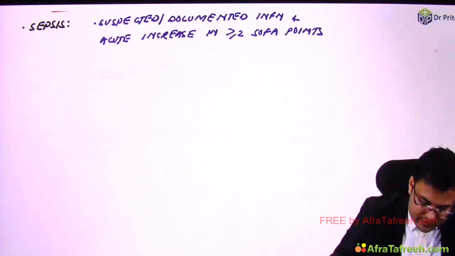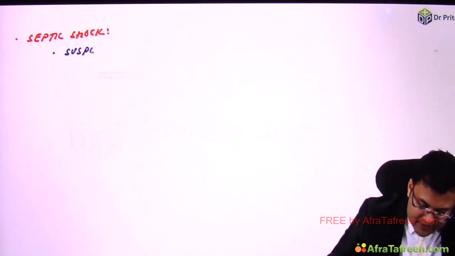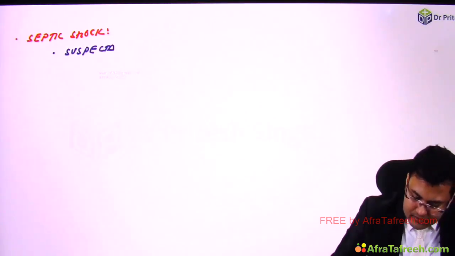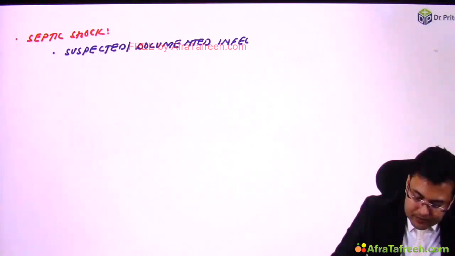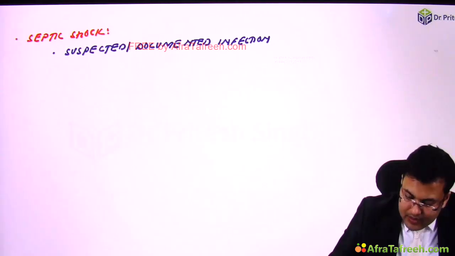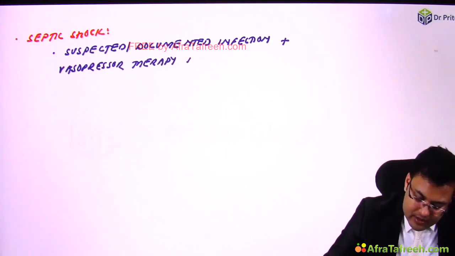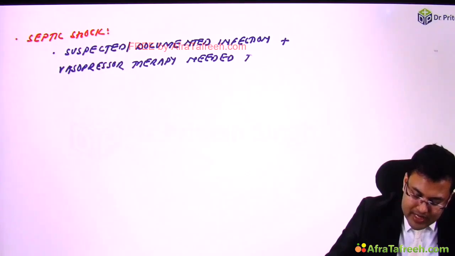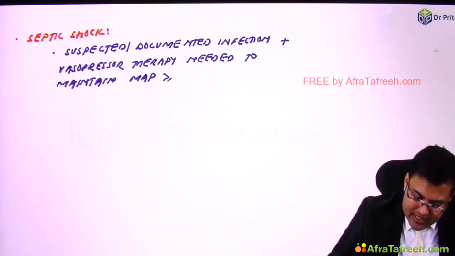After that, what is the definition of septic shock? According to this criteria, it is suspected or documented infection plus vasopressor therapy needed to maintain mean arterial pressure more than or equal to 65 mmHg.